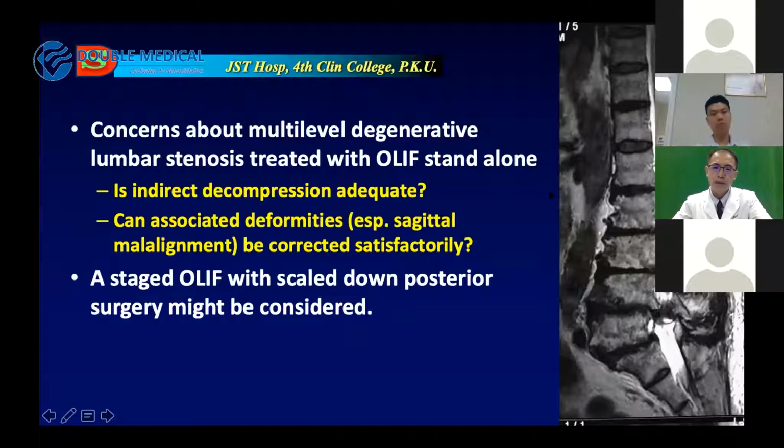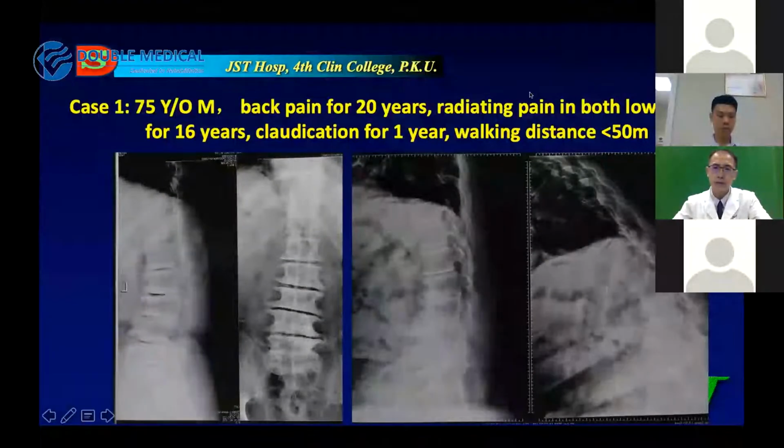So we are not sure whether OLIF alone can decompress all the levels adequately. So in these kinds of patients, a staged OLIF with a scaled-down posterior surgery might be considered. So I'll show you two cases with staged protocol.